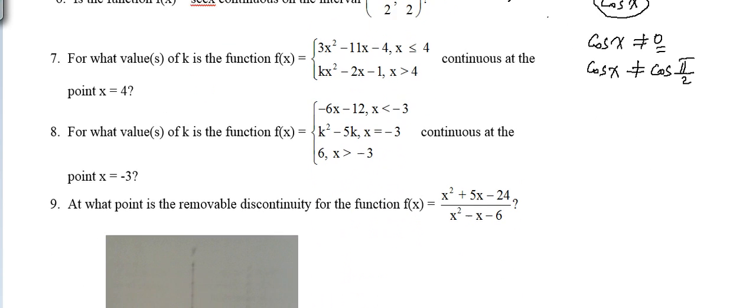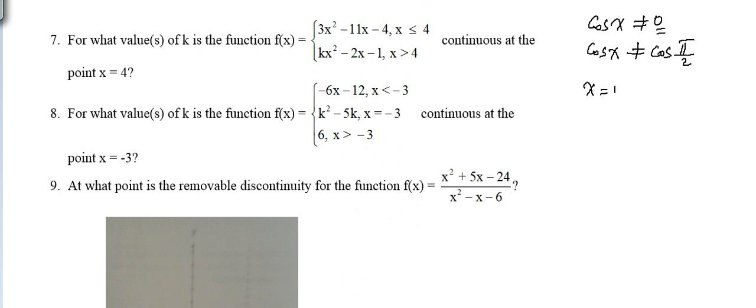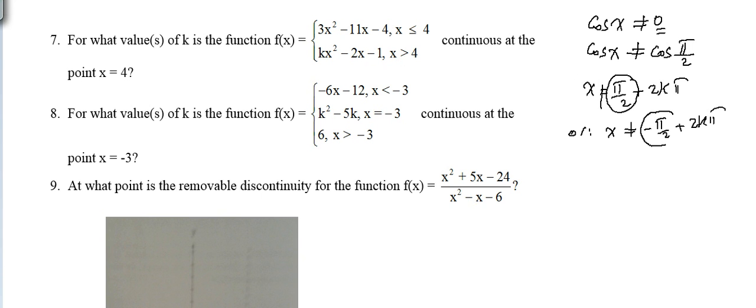This means that x does not equal pi over 2 plus 2k pi, and x does not equal minus pi over 2 plus 2k pi, where k belongs to Z. So every odd multiple of pi over 2, because from pi over 2 to minus pi over 2 in the trigonometric circle we have pi, this repeats itself every pi.